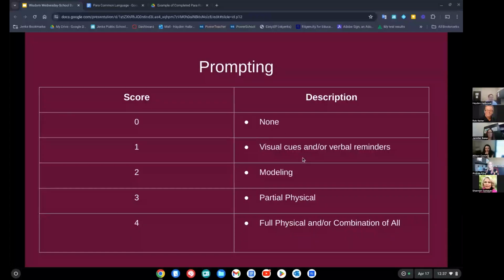That first criteria, visual cues and or verbal reminders. So somewhat minimal. Modeling at that next level. So they might need to see, okay, this is how we're supposed to operate in this classroom, or this is how we're supposed to work on this assignment, so on and so forth. And then partial physical prompting. And then lastly is physical and or a combination of all of the above.